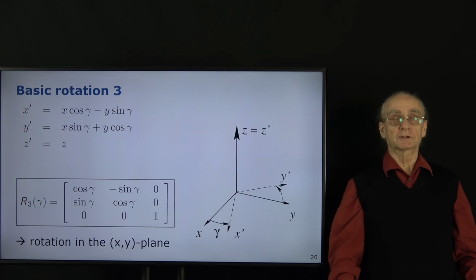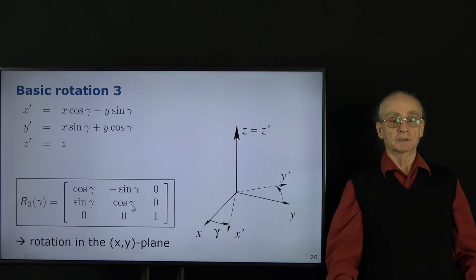So if we do a rotation in the xy plane, that's the same as if we would do a 3D rotation around the z-axis. So this is one, the z-coordinates stay, and we have here the cosine, the rotation matrix for gamma in the classical form with the minus sign at this place.